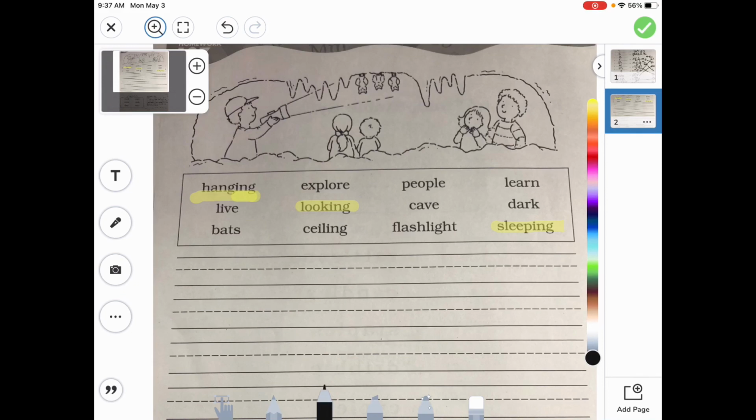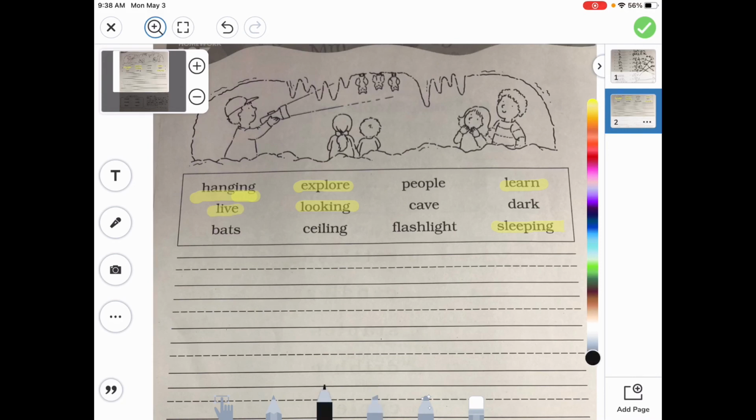We found some of our verbs. We also have explore. Explore is a verb because it's something that you're doing. So it's a verb that we didn't have marked. People learn. Learn is a verb. We can highlight that. Live, looking, cave, dark, bats, ceiling, flashlight, and sleeping. And live is actually something that you can be doing too.